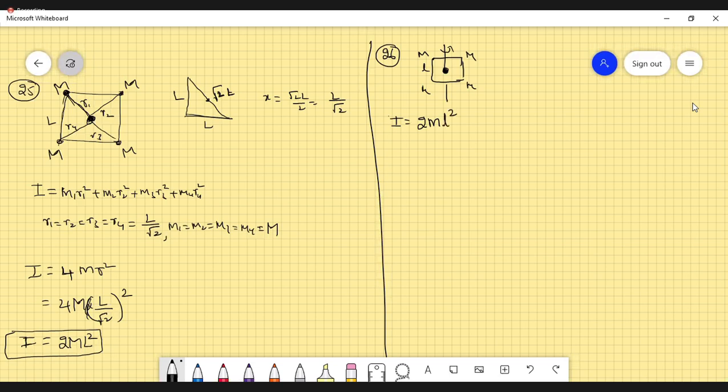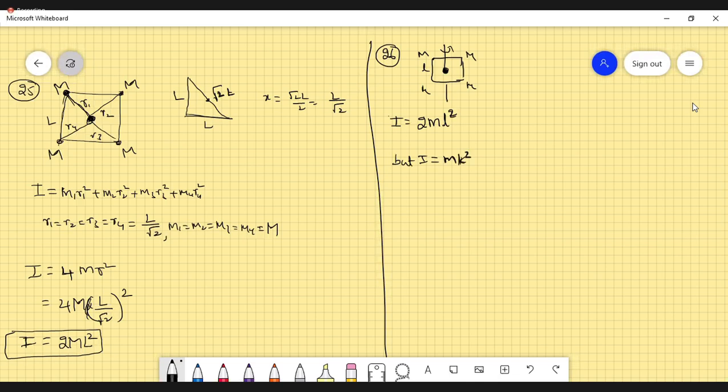Understood, students? Yes, sir. Like the previous one. But the radius of gyration you have to calculate, and the moment of inertia can be written as m k square.